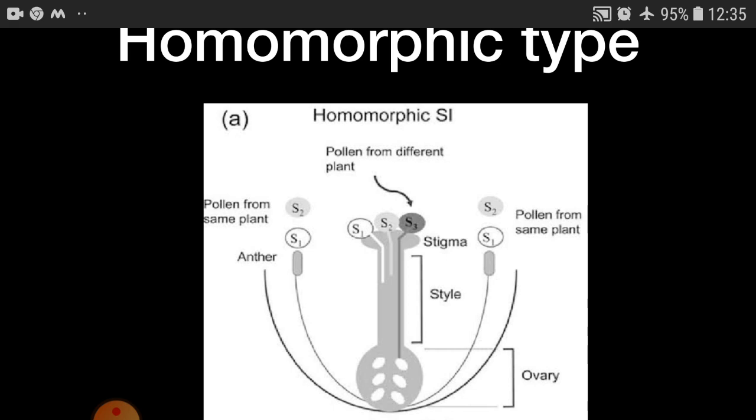This is also necessary in order to give more variation, so that outbreeding is encouraged here, because you know that regular inbreeding will lead to inbreeding depression also. So all these processes which promote self incompatibility are to benefit the fertilization amongst different plants, that is they are the outbreeding devices.